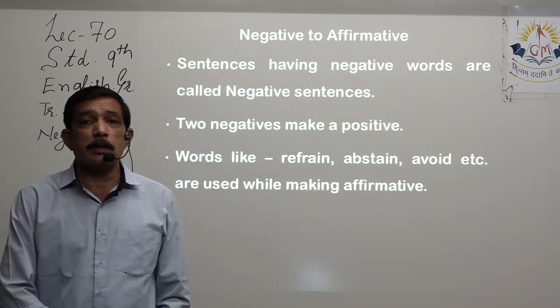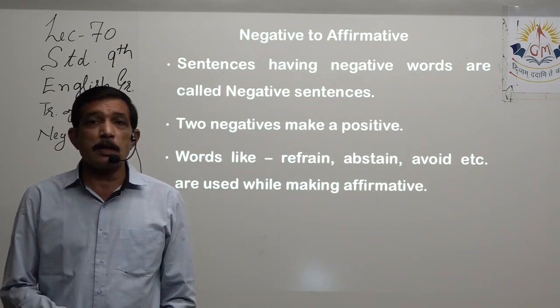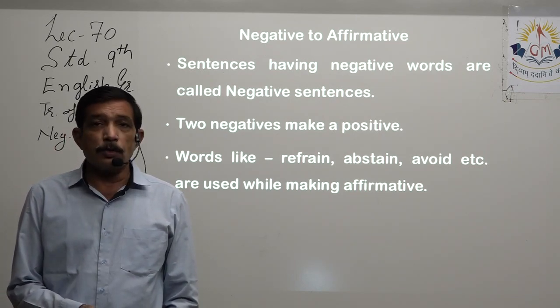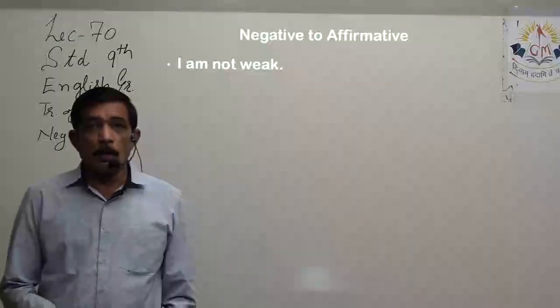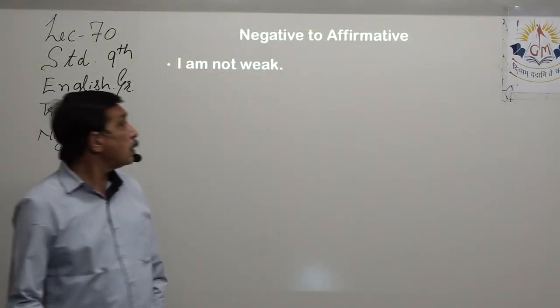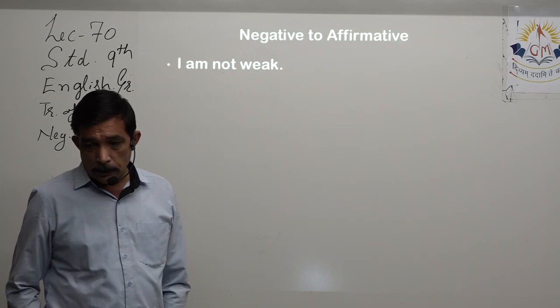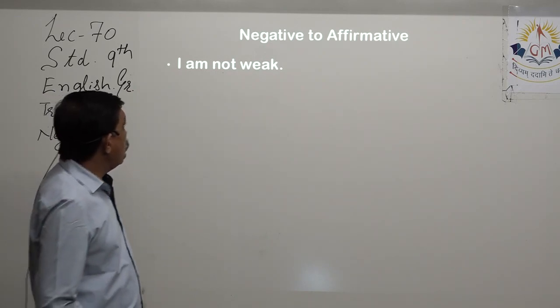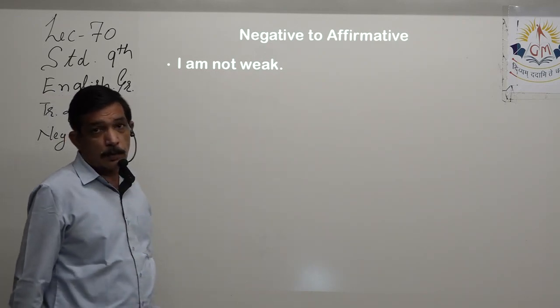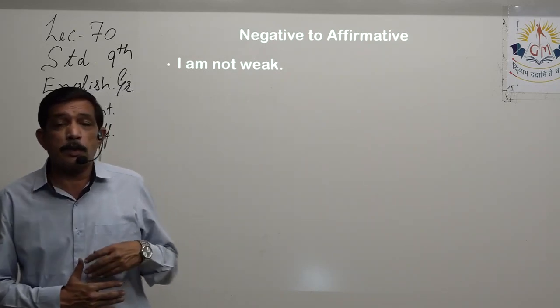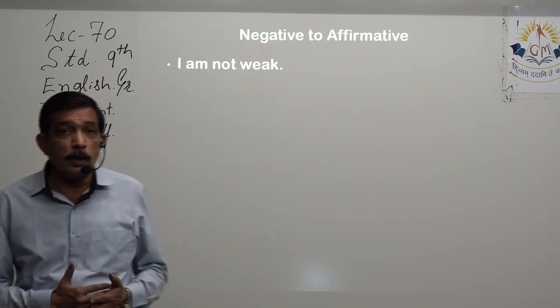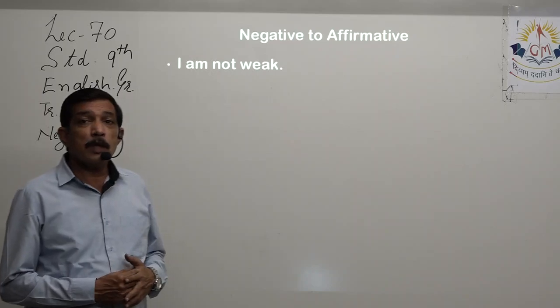Now let us quickly see the examples that we saw for negative to affirmative. The first sentence that we learned was I am not weak, where not is to be removed first. In order to make a negative sentence affirmative, first thing we have to do is to remove the negation.